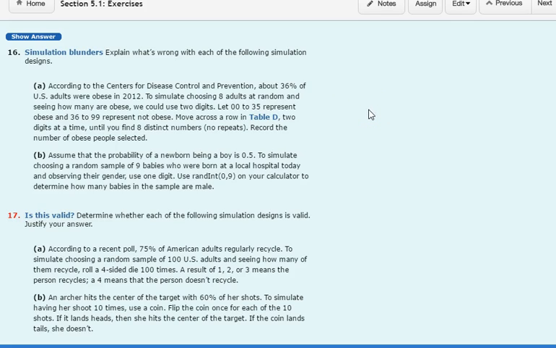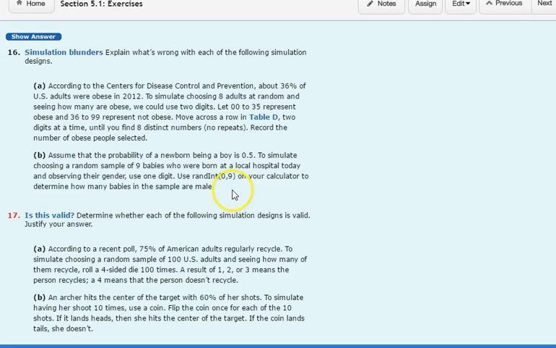Number 16B says, assume that the probability of a newborn being a boy is 0.5. To simulate choosing a random sample of 9 babies who were born at a local hospital today and observing their gender, use 1 digit. Use randInt 0, 9 on your calculator to determine how many babies in the sample are male.